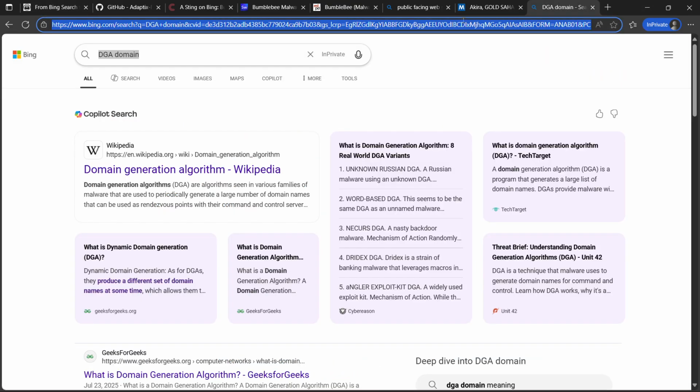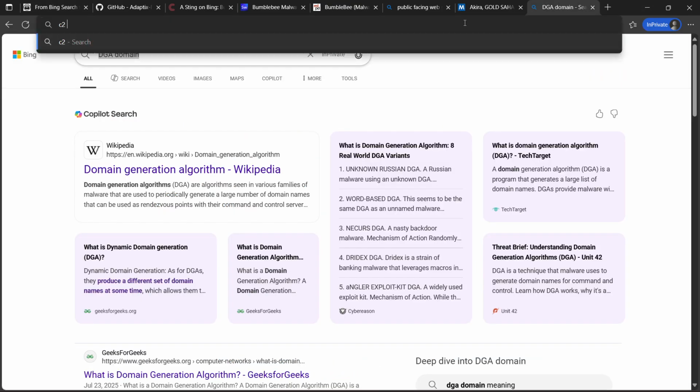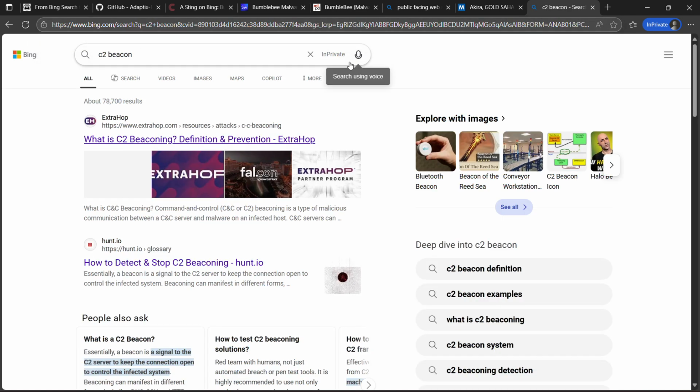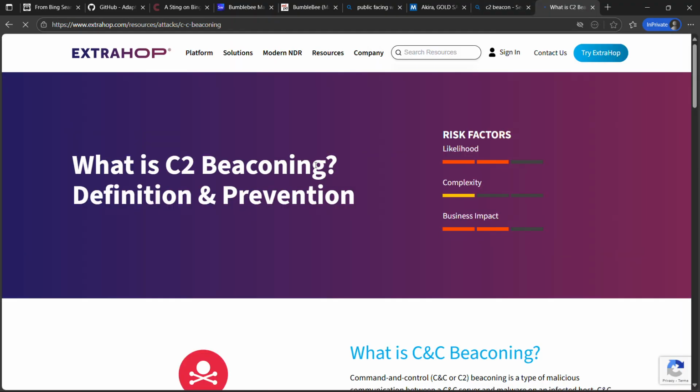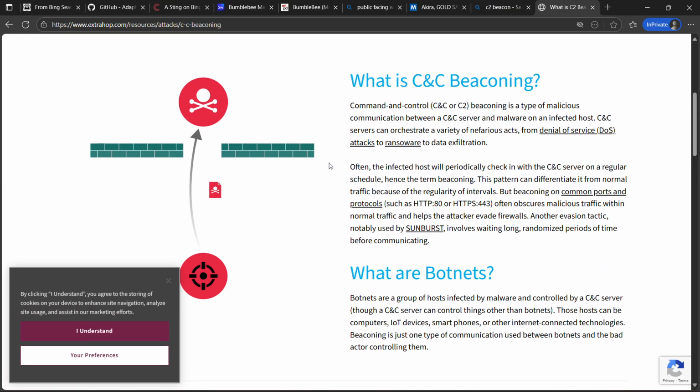Well, in C2, in command and control, beacons are basically the pathway, right? C2 beacon. Command and control beaconing is a type of malicious communication between C and C.